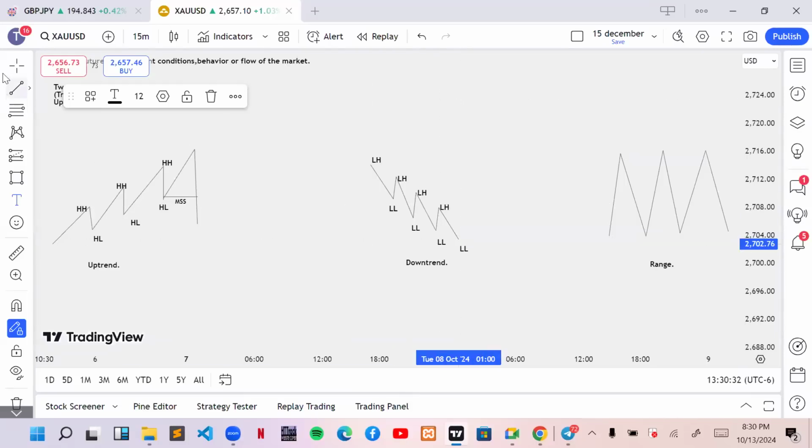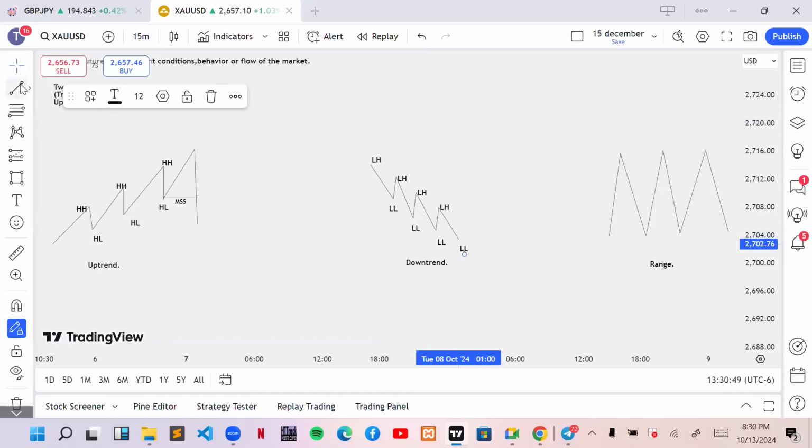For each high that comes, it's going to be lower than the previous one. You can see this was the last high. The second high is lower than it. The third high is also lower than the last one. The fourth high is also lower than the last. So that signifies a downtrend.